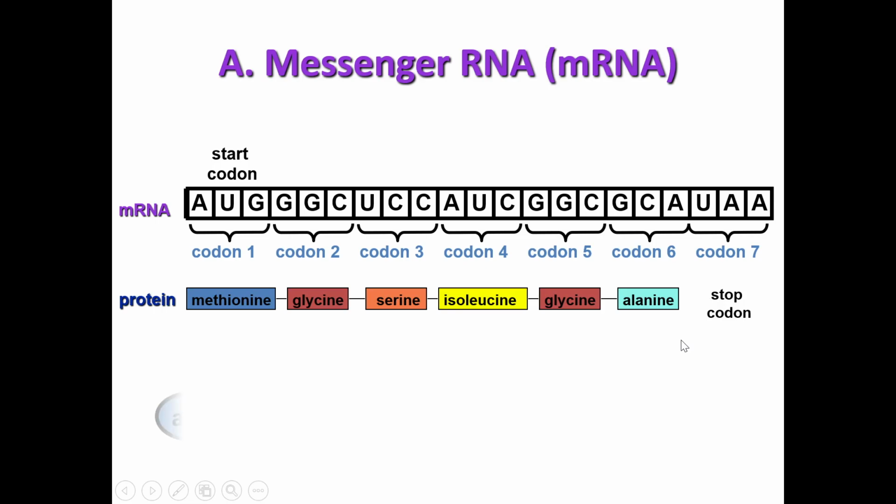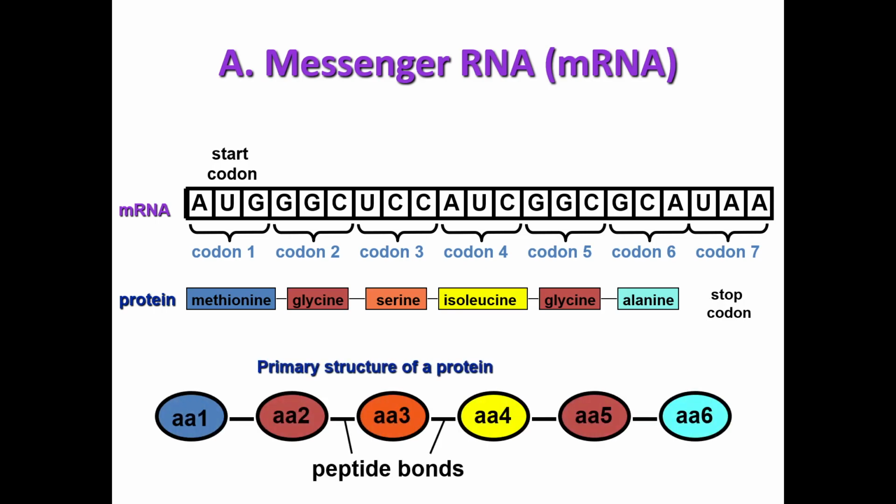Okay. So what did you get from all this? You got a primary structure of a protein which are joined by peptide bond. So all in all, what you should know here is tRNA is an adapter molecule, I told you, that reads the information encoded in mRNA and transfers the appropriate amino acid to the growing polypeptide chain during protein synthesis.